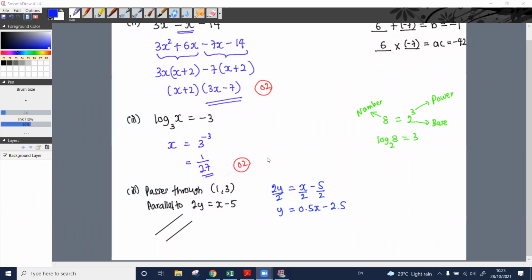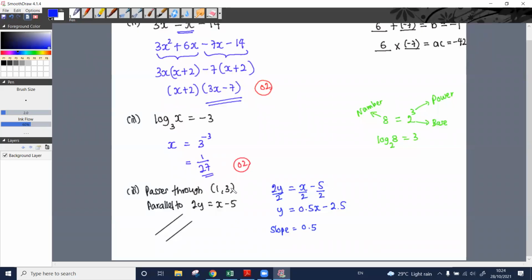What is the slope value here? Minus 2.5 or 0.5x? Yes, that is 0.5. The slope value is 0.5.